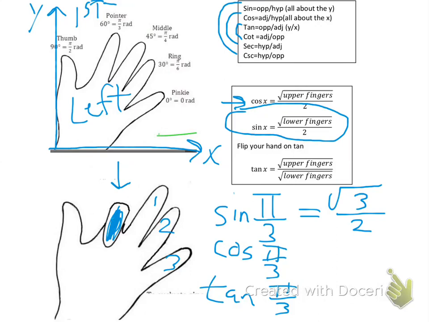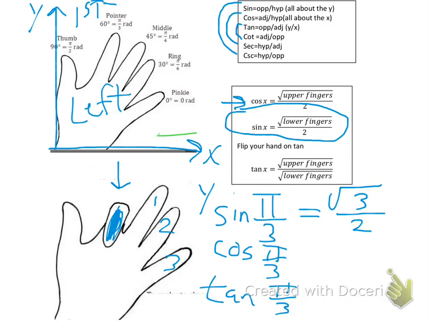And sine is all about the letter y, so is this positive in this quadrant? The answer is yes. Everything's positive in quadrant number 1.